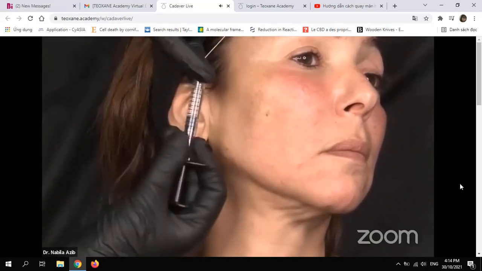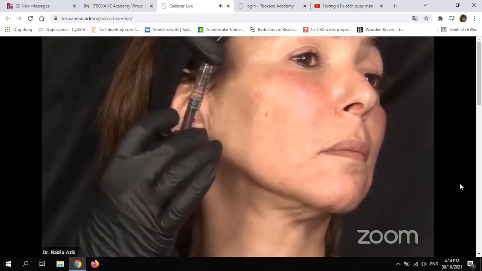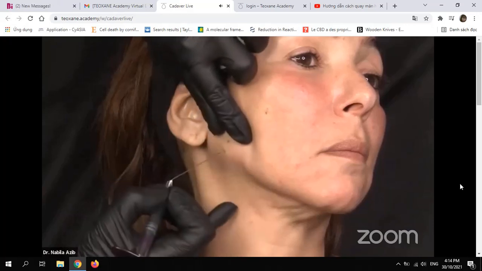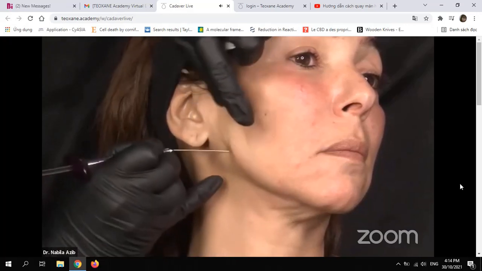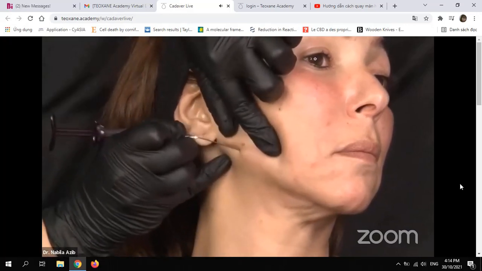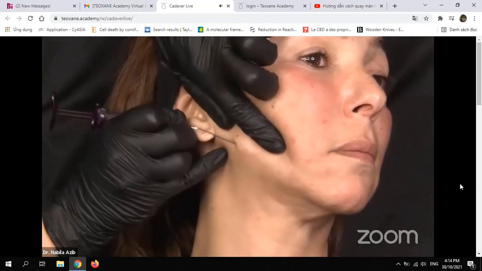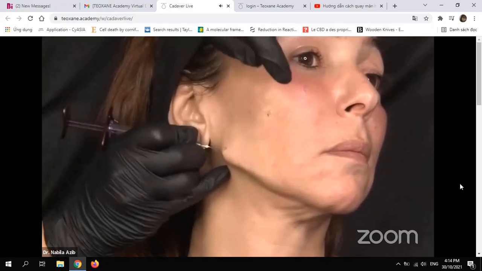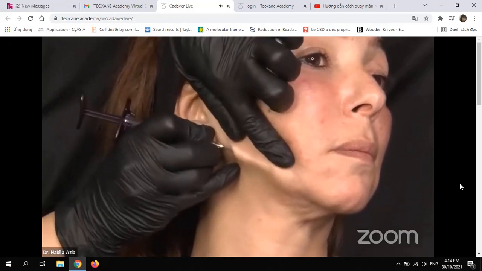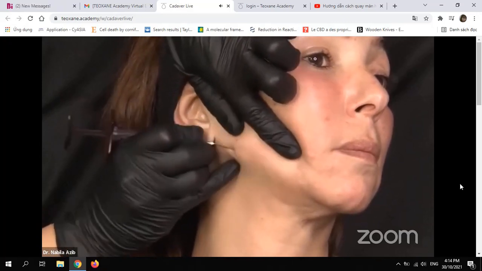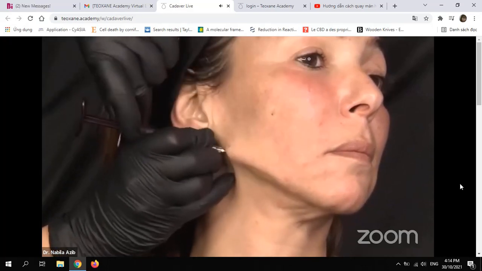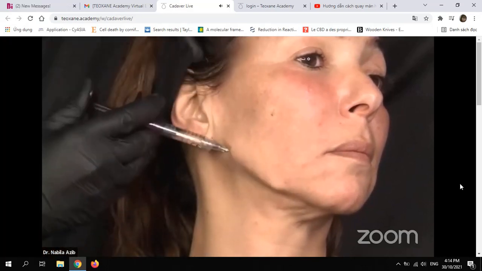So here, with my retrograding line, I was injecting 0.3 ml for this first line. But here, I will better define this area, and I stretch more the skin in order to stay more superficial, checking the direction of my cannula. You have the pre-masseteric ligaments that you can feel the resistance here.